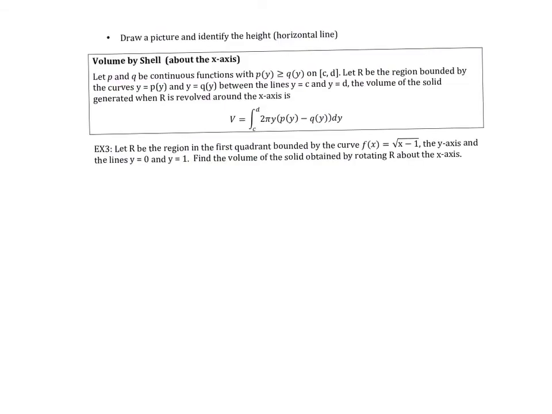But remember, we can also compute volumes by integrating with respect to the variable y. So if you're going to revolve your region around the x-axis, then the integral is going to be with respect to the variable y. In this next example, our region is in the first quadrant.